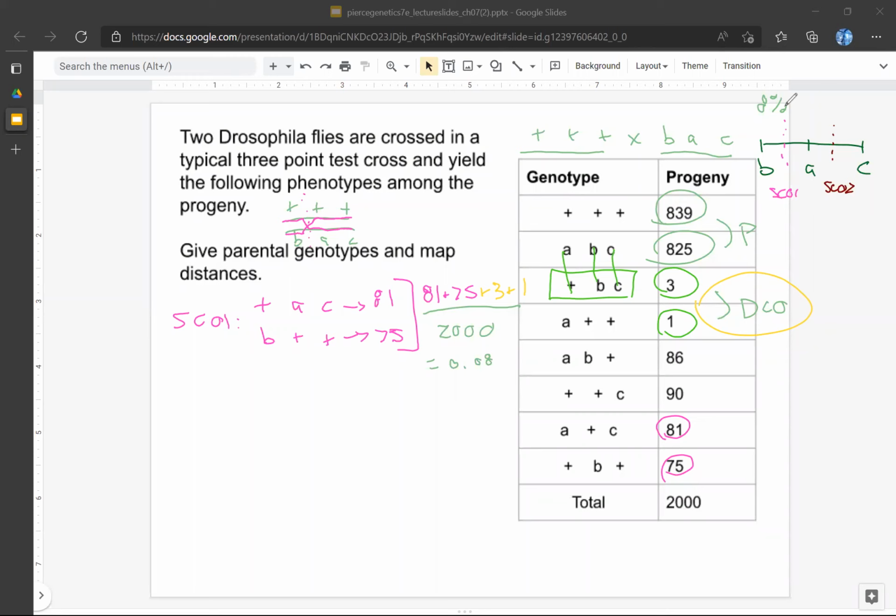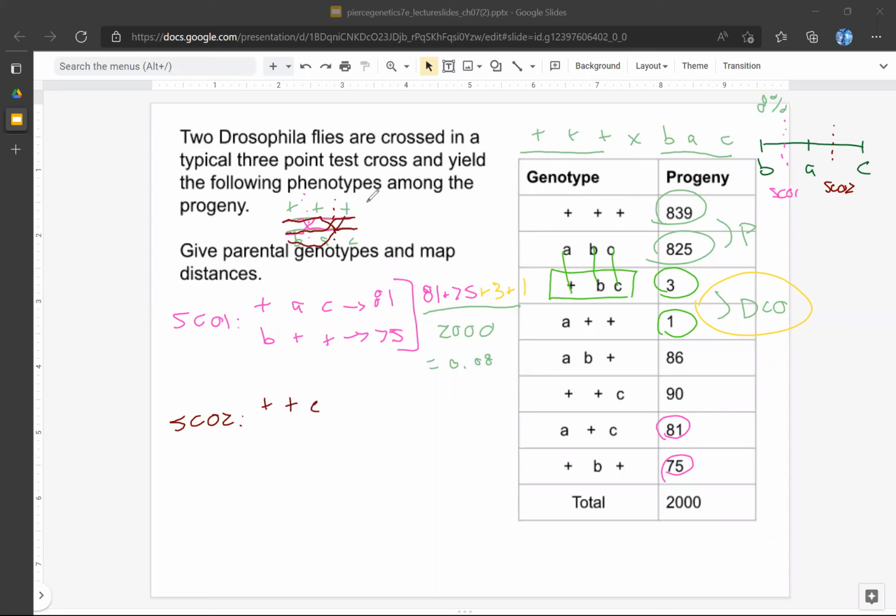Let us now find out single crossover 2. So single crossover 2 happens right here between A and C. And so we would have BA crossing over. And so we would have, if we followed it, plus plus C as one of the genotypes.